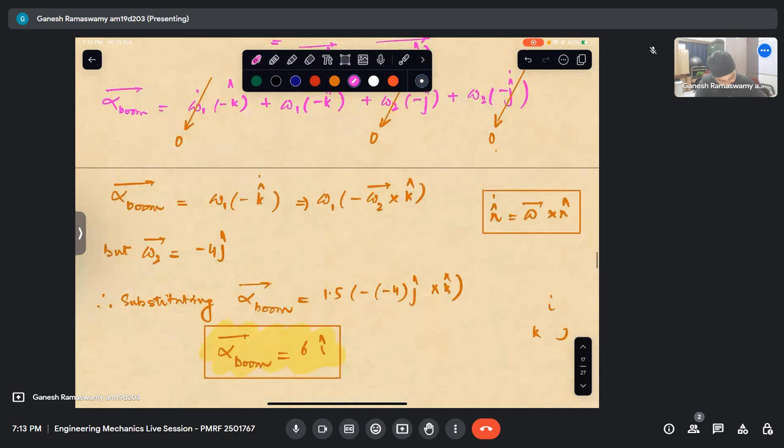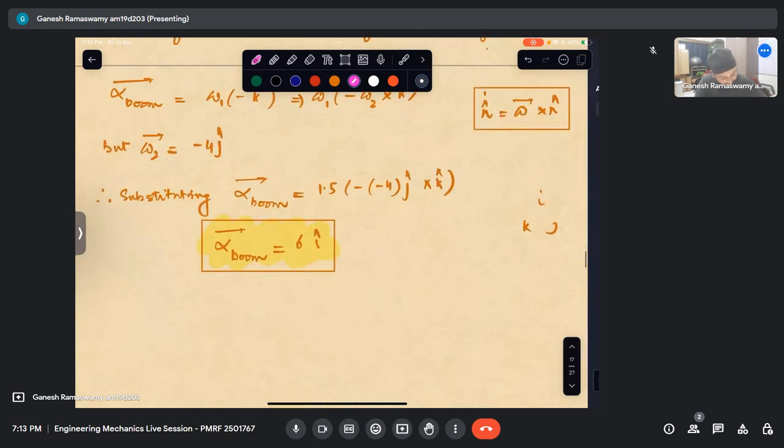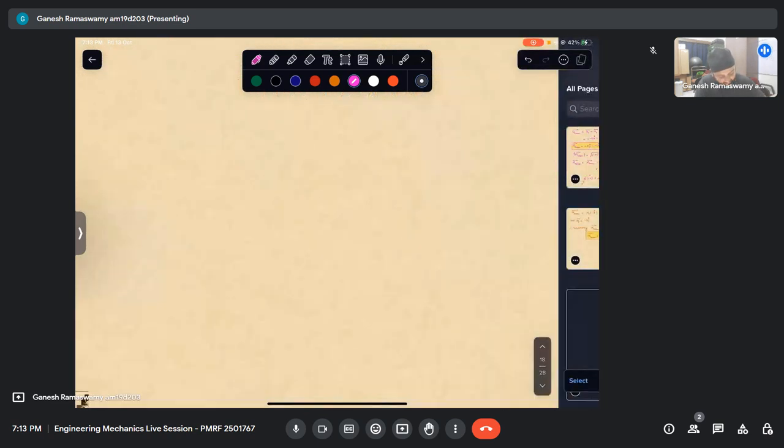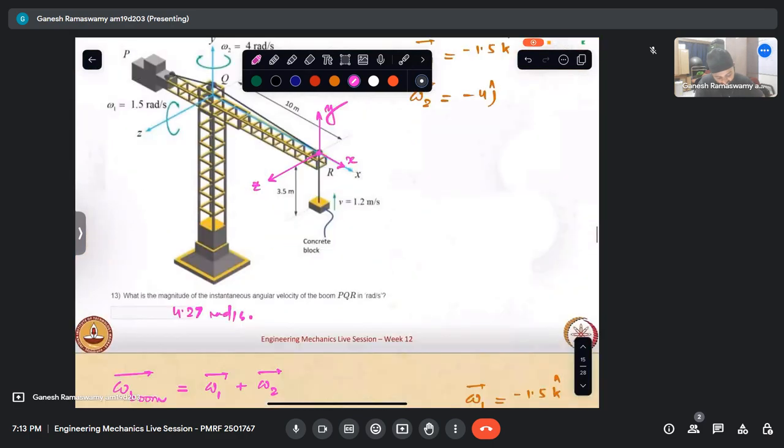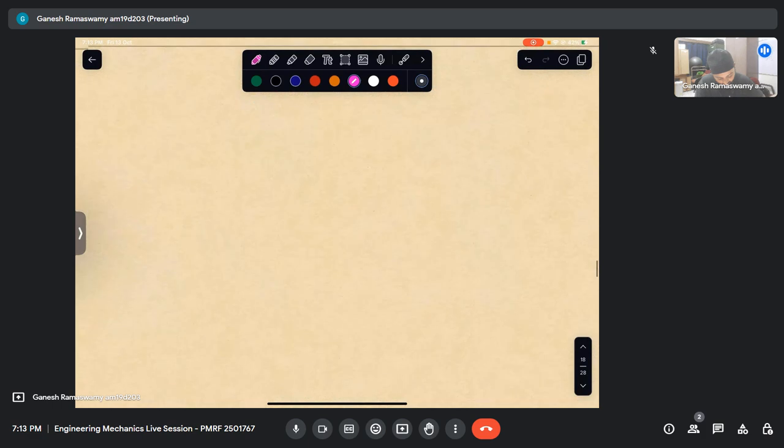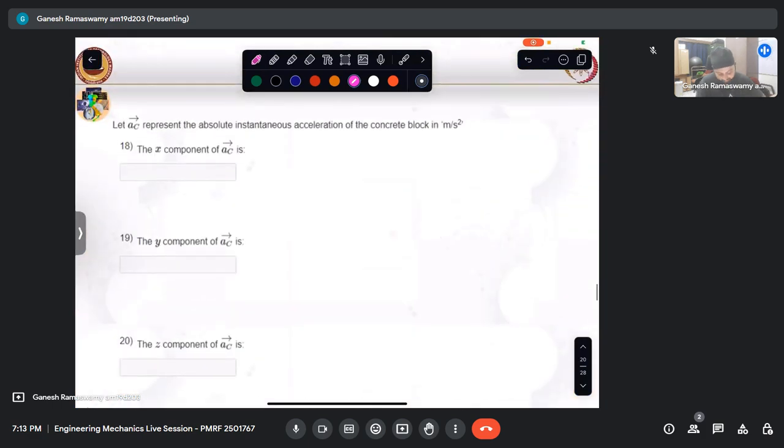Okay, let us go ahead and attach the rotating frame of reference to this point. Now what we need to calculate is the acceleration and velocity of the concrete block, similar to our previous question. So how do we go about doing that?